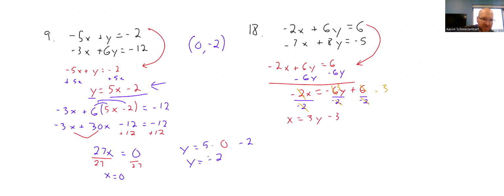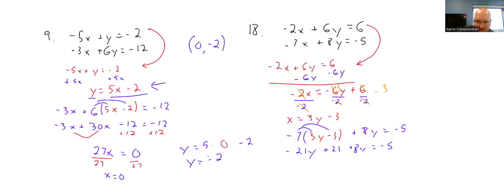I will now take my bottom equation and plug that in. Negative 7 times, now I'm plugging in for x because I have what x equals. I'm going to distribute. That's negative 21y plus 21 plus 8y equals negative 5.